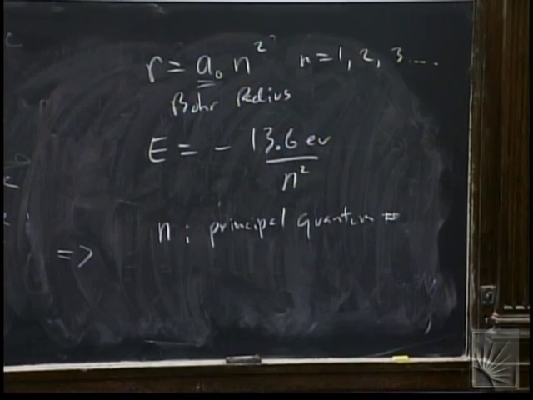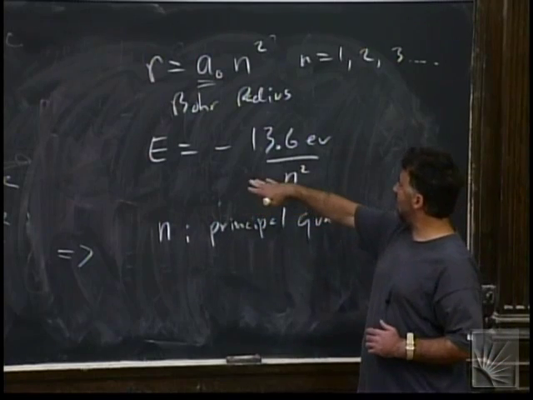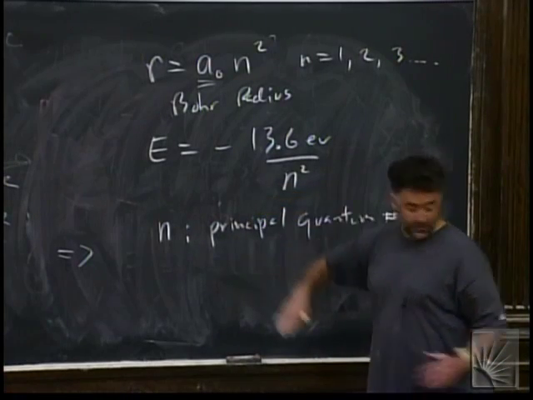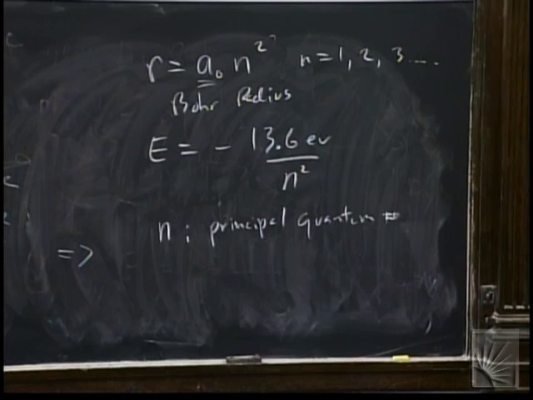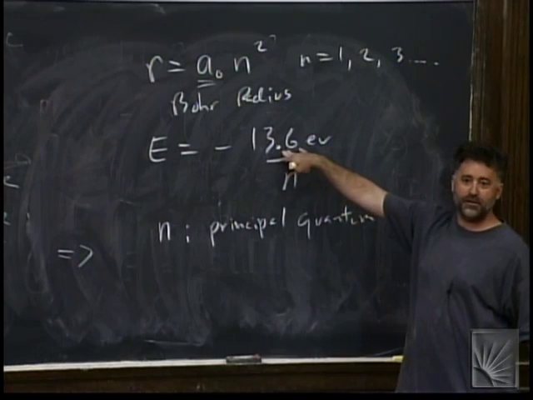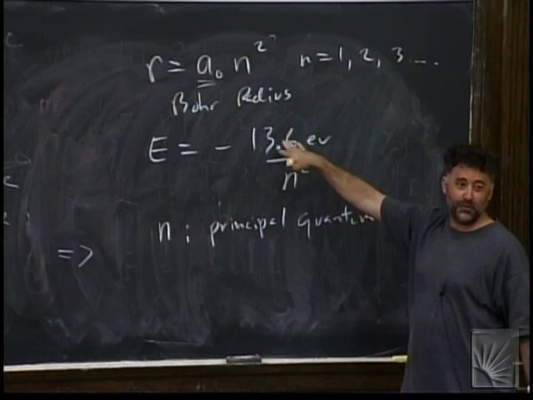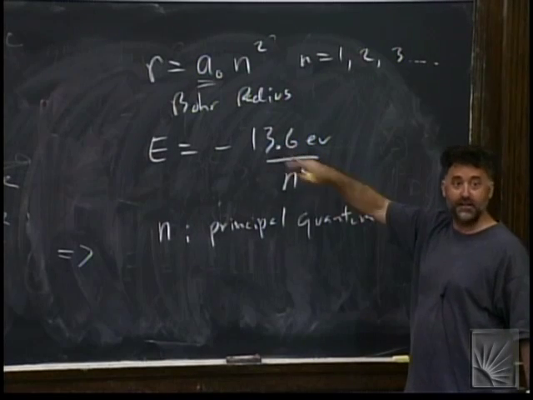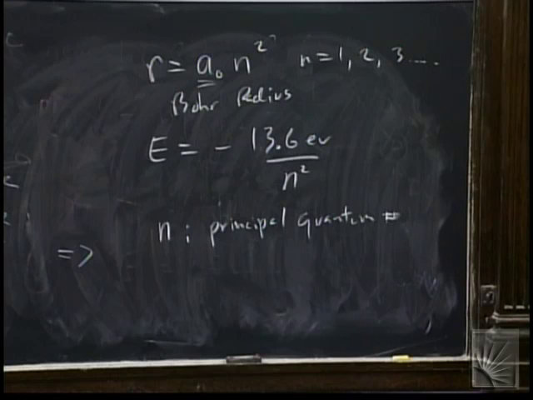And one thing that you can do, and I erased the Rydberg formula, is write this out with the minus 13.6 electron volts, which I write down because I always remember that, and I don't remember all these other parameters.